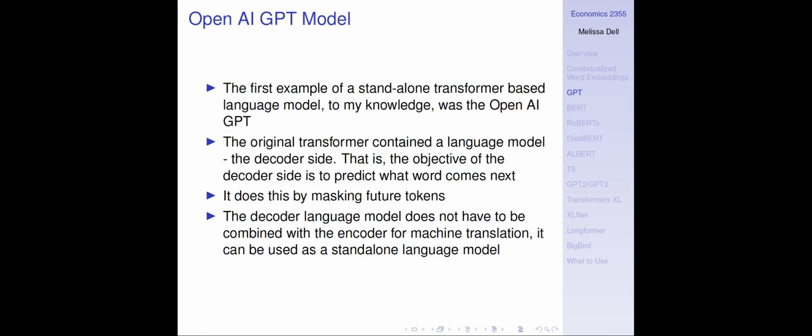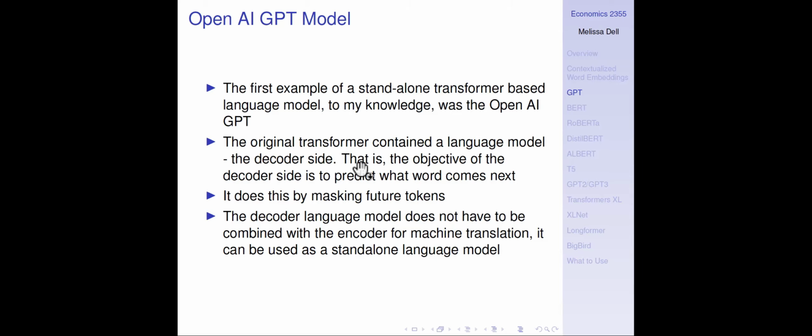Well, it masks future tokens. So this decoder model doesn't have to be coupled to an encoder model, as it was for the original transformer for doing machine translation.